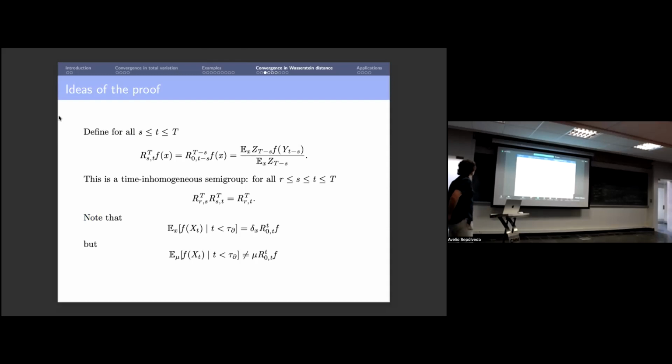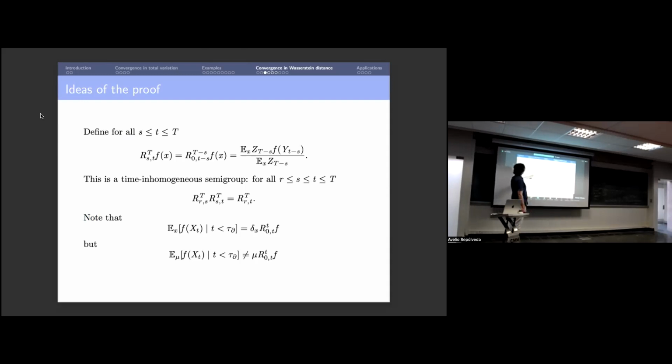Maybe let me try to give some ideas of the proof. The key point is that you have some non-linear semigroup for penalized processes or for conditional distributions.